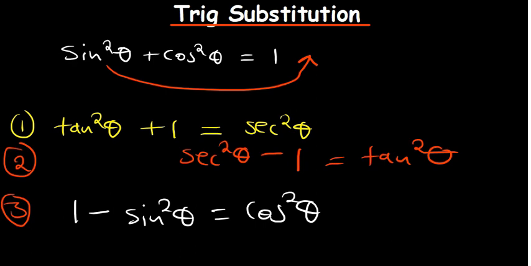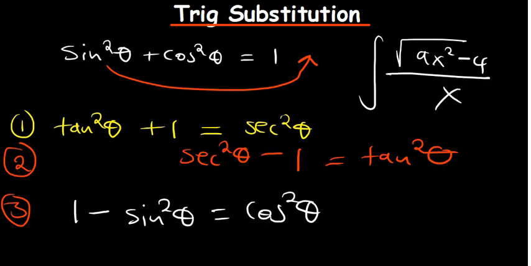Okay, so let me take you back to the first question we are going to look at: the integral of the root of 9x squared minus 4 over x. Observe what is under the root there. If you look at 9x squared minus 4, which one is it more like?